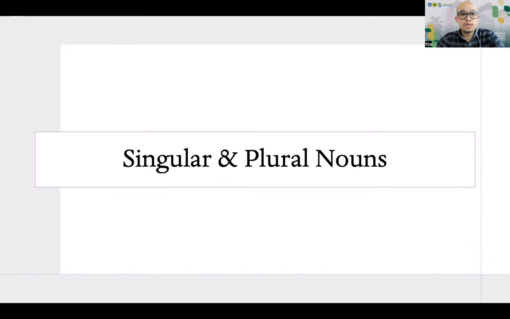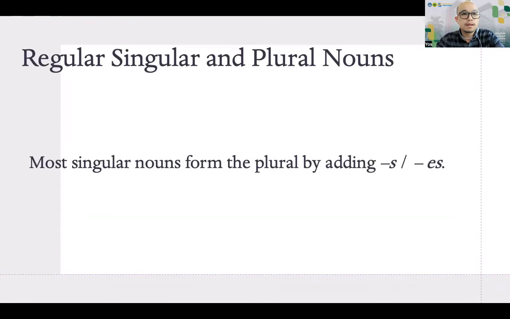Now let's talk about singular and plural nouns. In terms of singular and plural, we have the regular form of singular and plural nouns. Most singular nouns form the plural by adding the suffix s or es at the end of the noun.